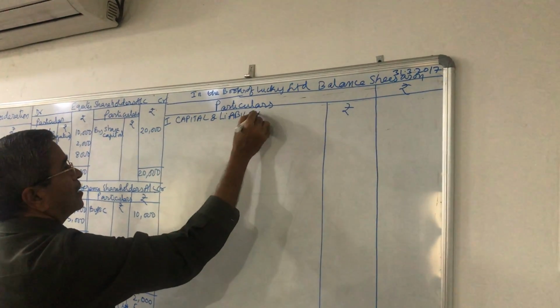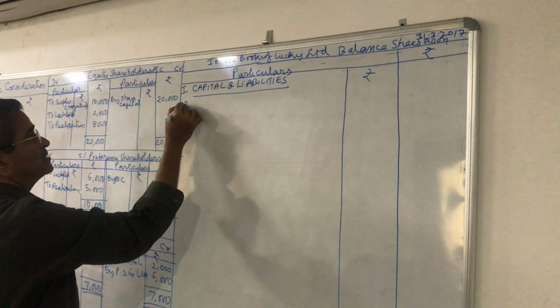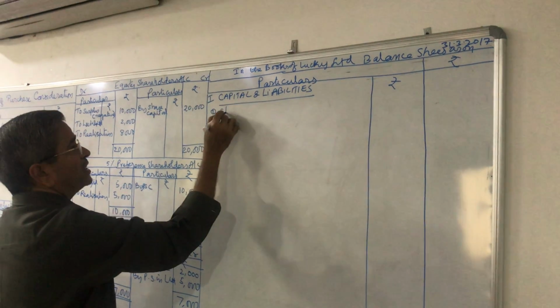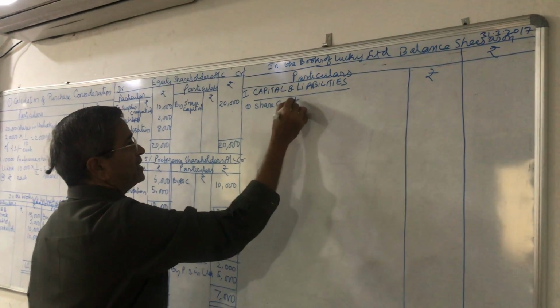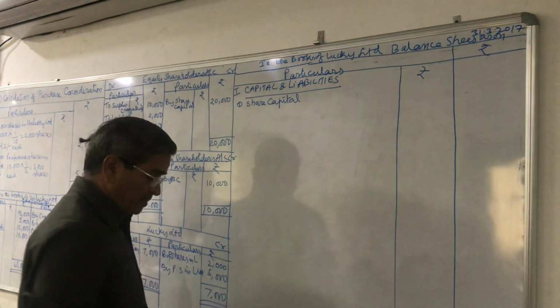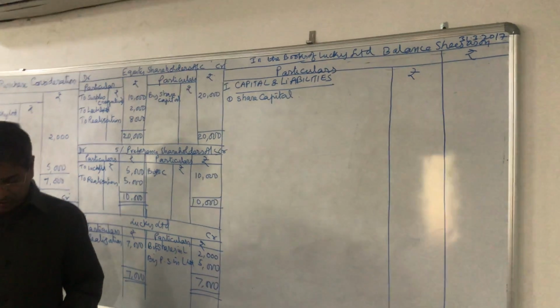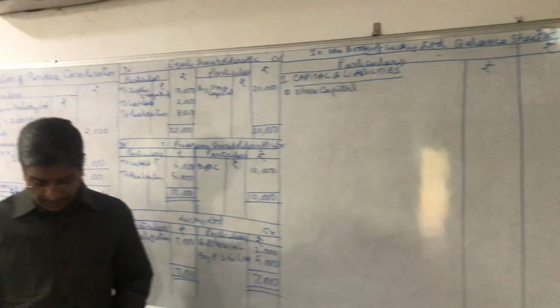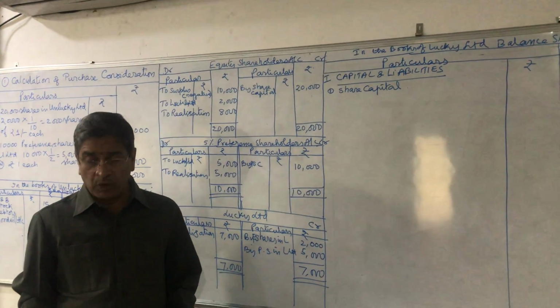Under this, we show first, number one, share capital. Under the share capital, we must check what is already existing in the equity shareholders. As per the share capital, he gave us equity shares of 1 rupee each, 63,000.